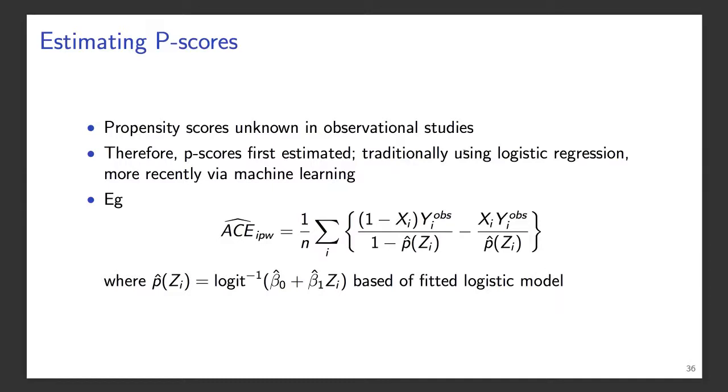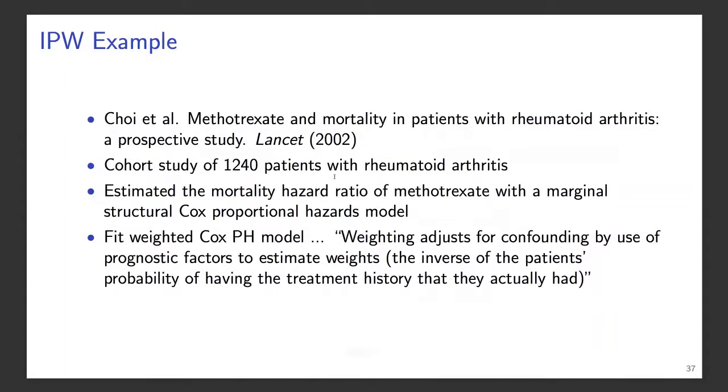And then based on that fitted logistic regression model, you estimate these weights, and then you plug those in, and you construct your IPW estimator. More recently, people are using fancier things like machine learning. Instead of logistic regression, you estimate these propensity scores and then plug those in.